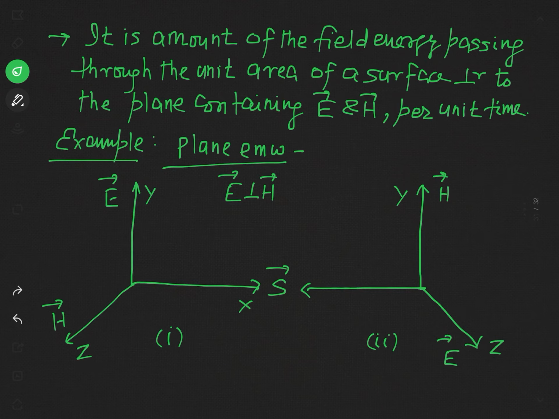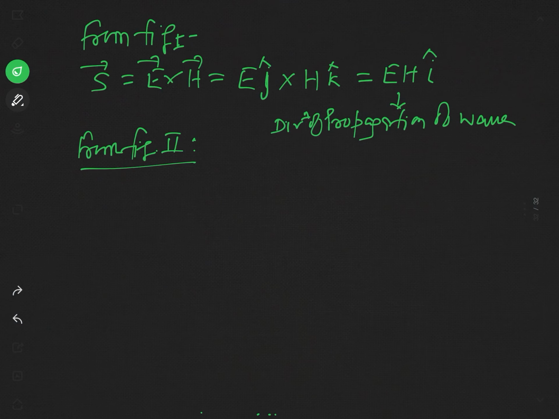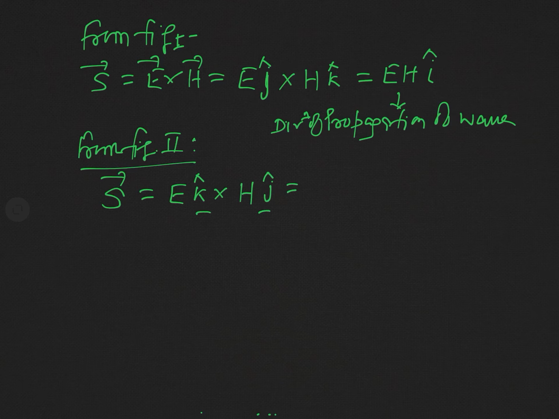So now we can write the Poynting vector S as E k cross H j, and you know k cross j is equal to minus i.